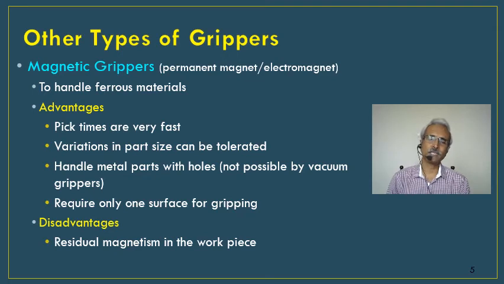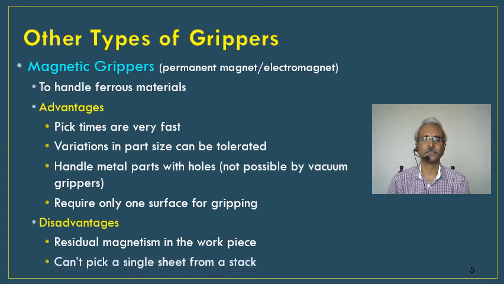The other one is when such components are used in some instruments where this magnetic field, especially measuring instruments or bio-related instruments, might affect those things. So that way it is going to be a drawback. Of course, if you can find ways and means to remove the residual magnetism, then definitely you can make use of all those advantages that you have with magnetic grippers.